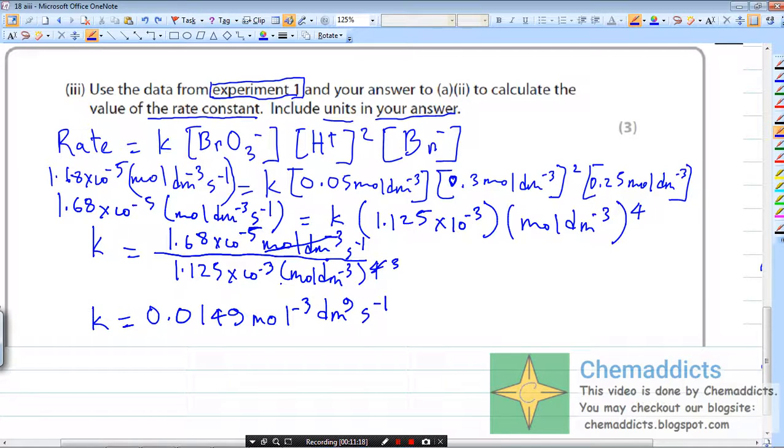I hope you know the simple arithmetic. So k is 0.0149 mole to the power minus 3 dm to the power 9 per second. This should be the answer to this question.